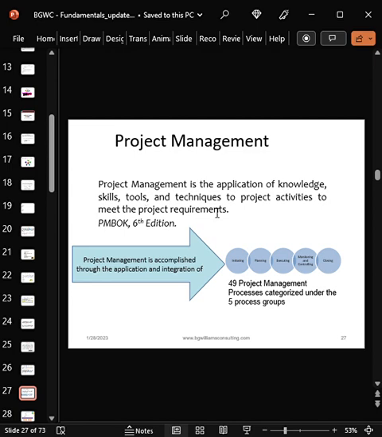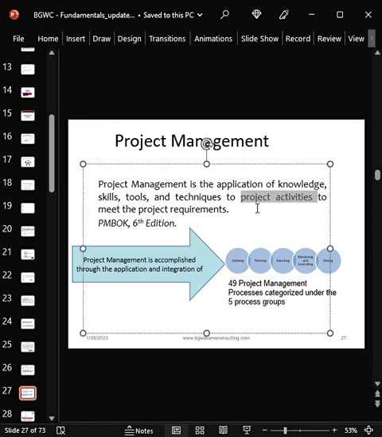Hello, Mr. Godwin, are you saying something? Okay, so you observe that all these different projects, you are going to apply your knowledge, skills, tools, and techniques to what? To the project activities.